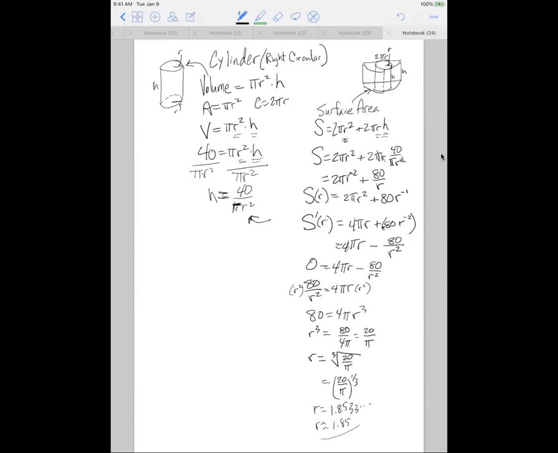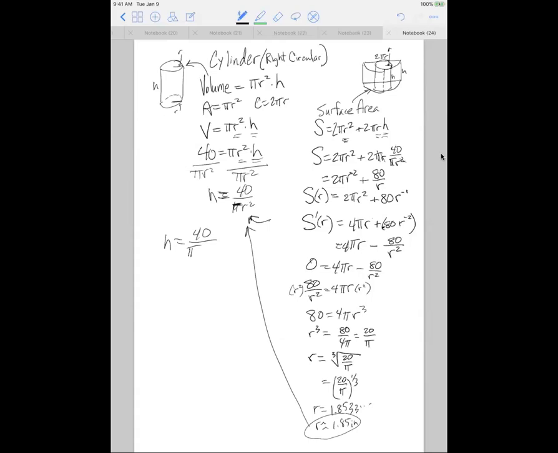1.85 what? It's talking about cubic inches, so this is inches. Now, like I said before, we're going to plug this into the function we solved for h and figure out what h is. So h equals 40 over pi r squared.